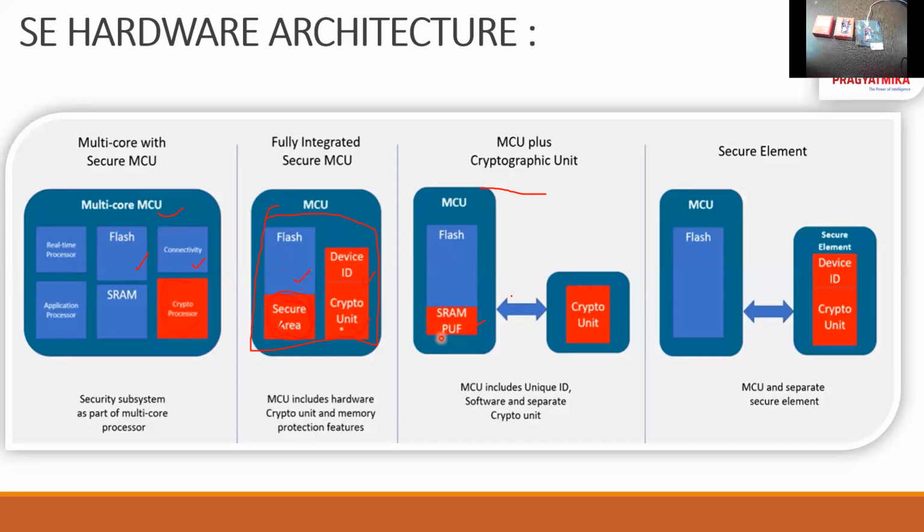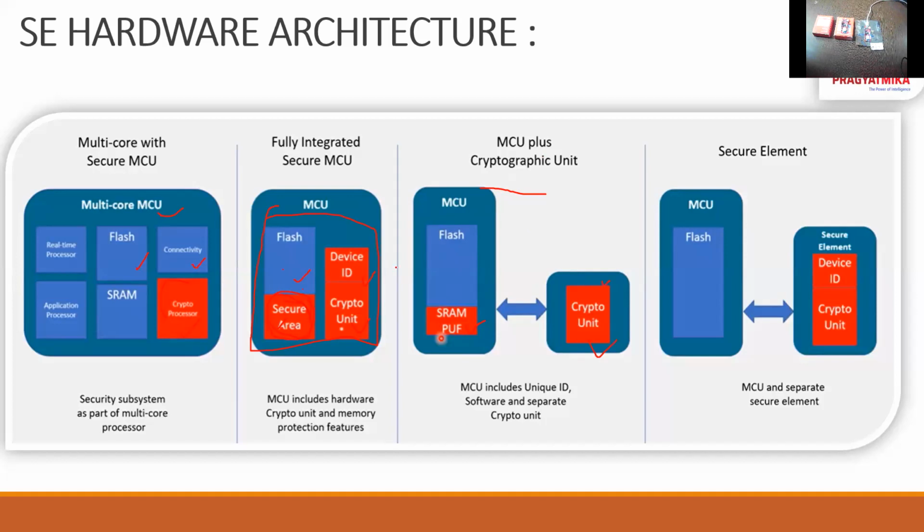Some ST Microelectronics microcontrollers have this kind of feature, where secure boot and secure firmware update are provided through it, where the crypto unit remains separate and the SRAMs and PUFs are on your MCU. And this cryptographic unit, like Maxim IC has such crypto units, which can be included with your MCU.